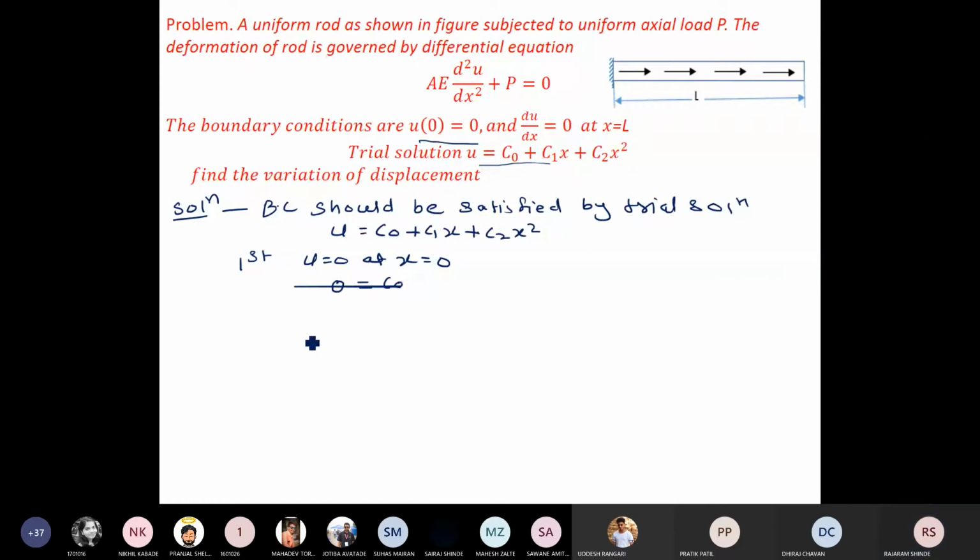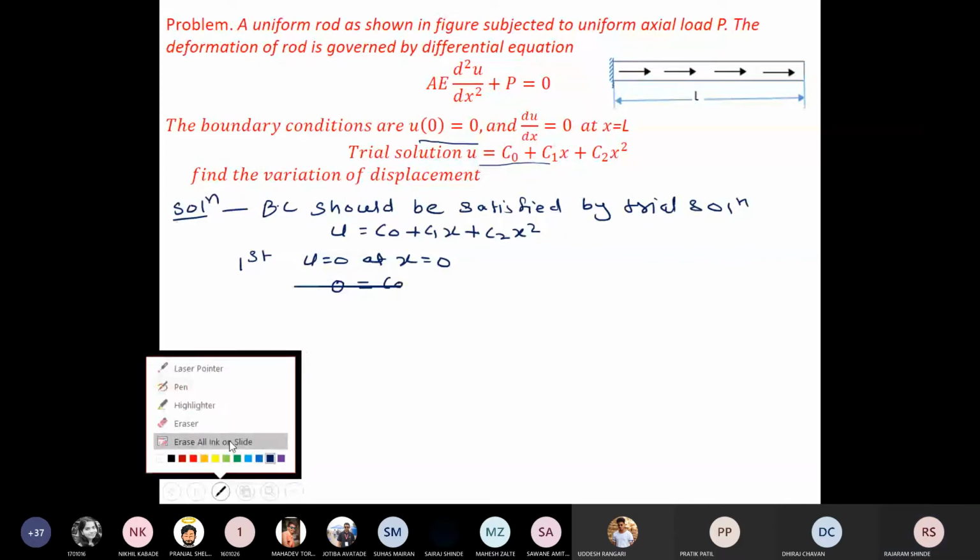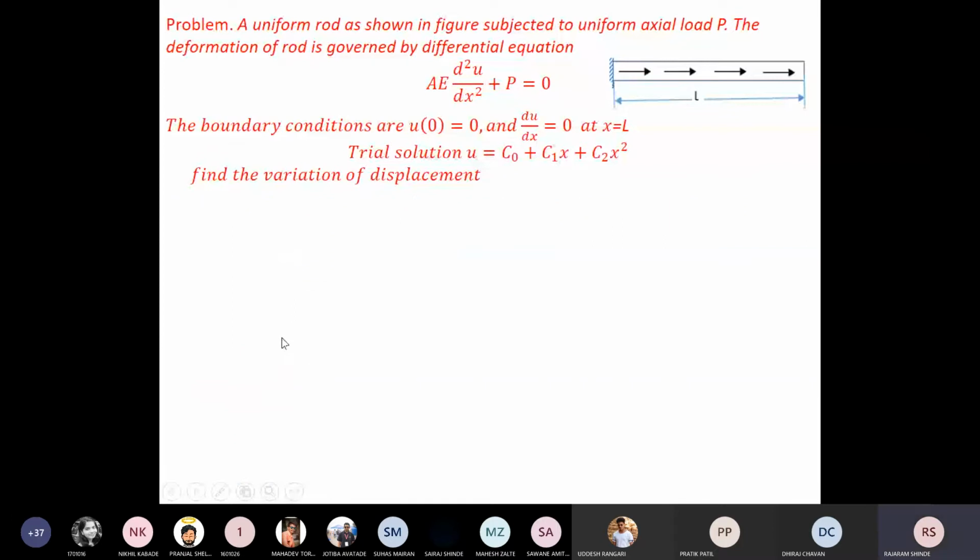The boundary conditions should be satisfied by the trial solution.